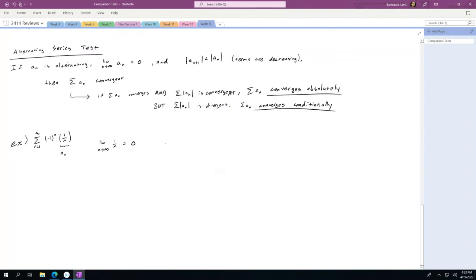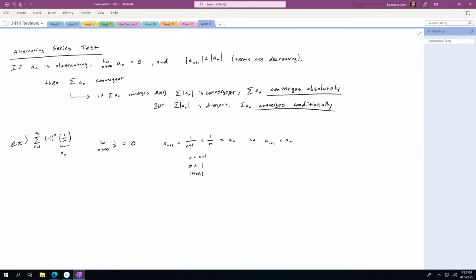I can also see that my a sub n plus 1 is equal to 1 over n plus 1. And this is smaller than 1 over n, which is equal to my a sub n. And I can see that this is smaller if I simply cross multiply. I get that n is smaller than n plus 1. So 0 is less than 1, which is a true statement. So a sub n plus 1 is smaller than a sub n. So my terms are decreasing.